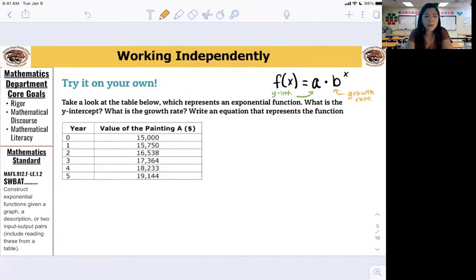So take about one more minute to identify those two values. I know that they're big numbers, so just be careful when you type those into your calculator.